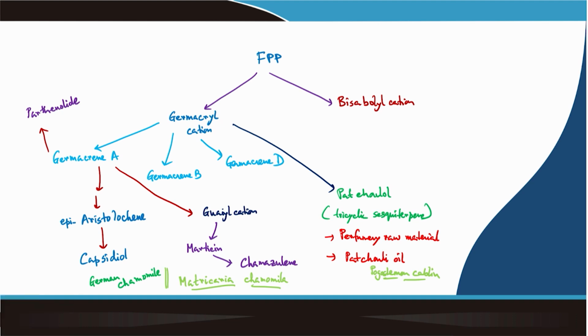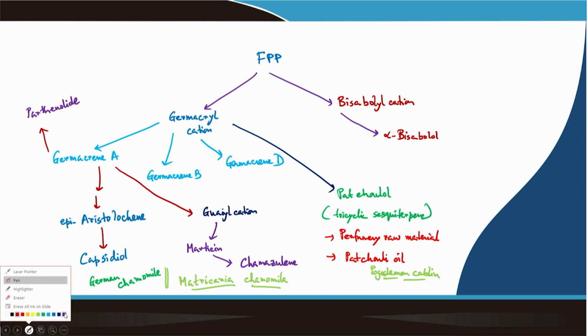One contributes to bisabolol. So, I put it alpha bisabolol, and that eventually forms bisabolol oxide A, bisabolol oxide B.